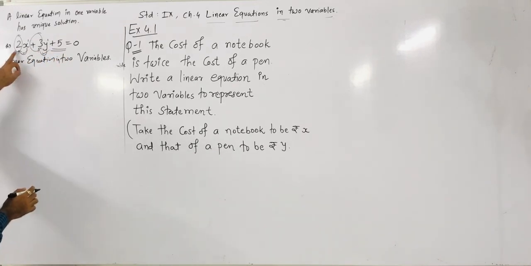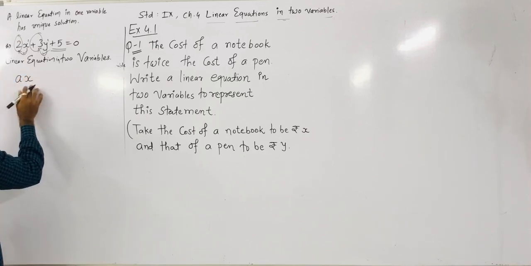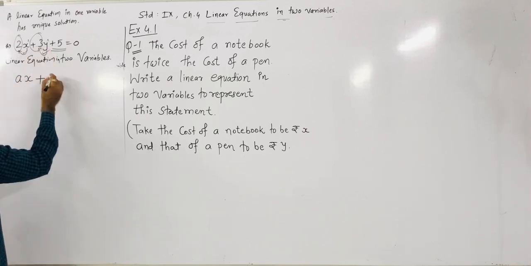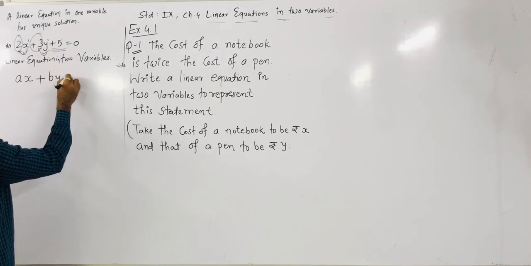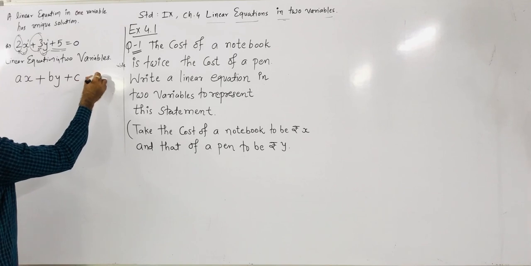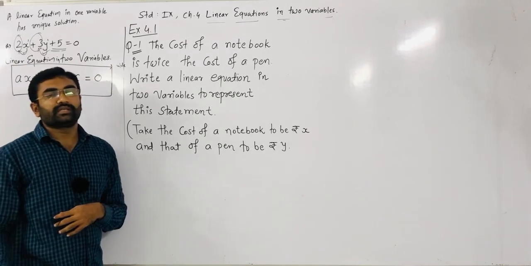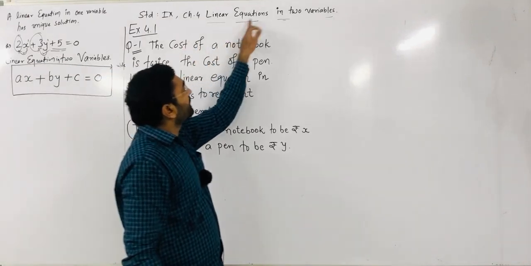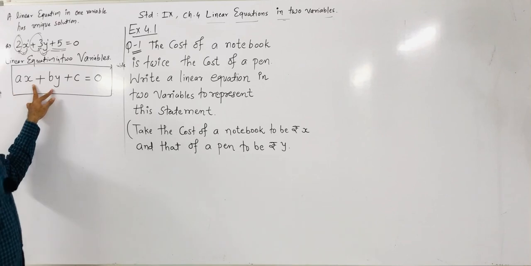So I take the coefficient of x as a, so ax, plus the coefficient of y as b, so by, and the last term as a small c, equal to 0. That is our standard form, or general form, of a linear equation in two variables x and y.